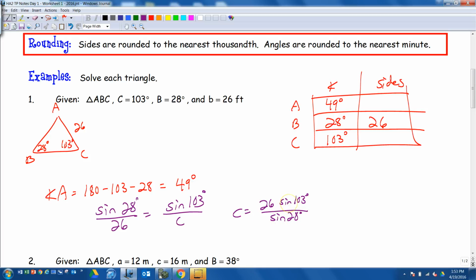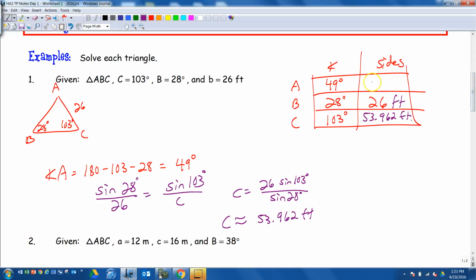And then when you type all that in, make sure you're in degree mode. You get about 53.962 feet.